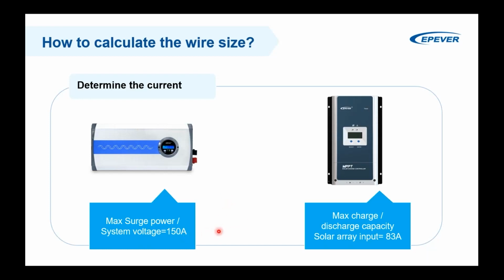When you multiply it by 1.2, you will get about 150 amps. So I repeat it. Take the maximum surge power of your inverter, divide it by the system voltage, and you will get a number. Multiply it by 1.2, this is the safety factor, for instance, or 1.3, and then you will get the amperes capacity that you need to provide by the cables.